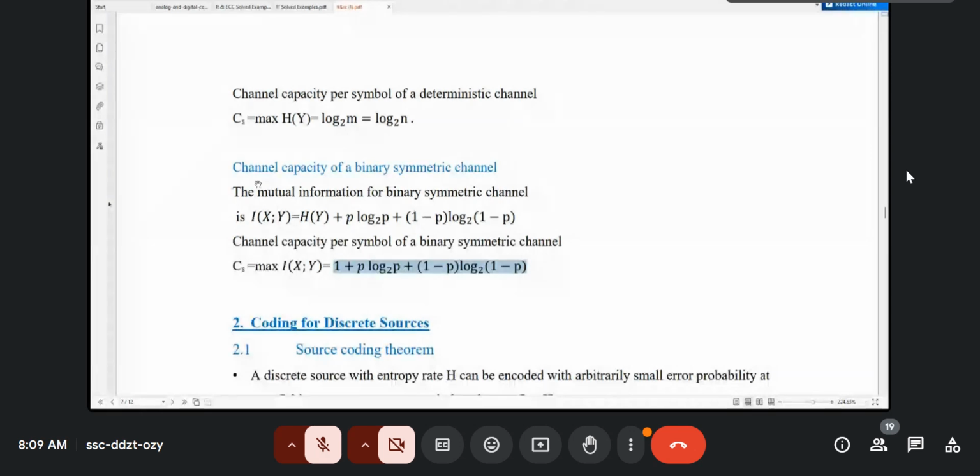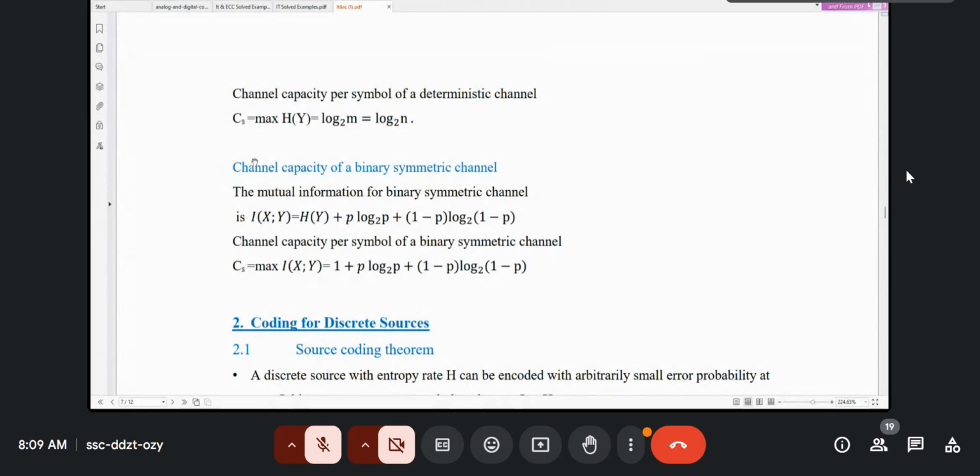So this is what I was talking about. Yesterday we looked at how you calculate the channel capacity of a binary symmetric channel, and basically what we are looking at is the channel capacity per symbol. To find the channel capacity, you multiply the channel capacity per symbol by the symbol rate.